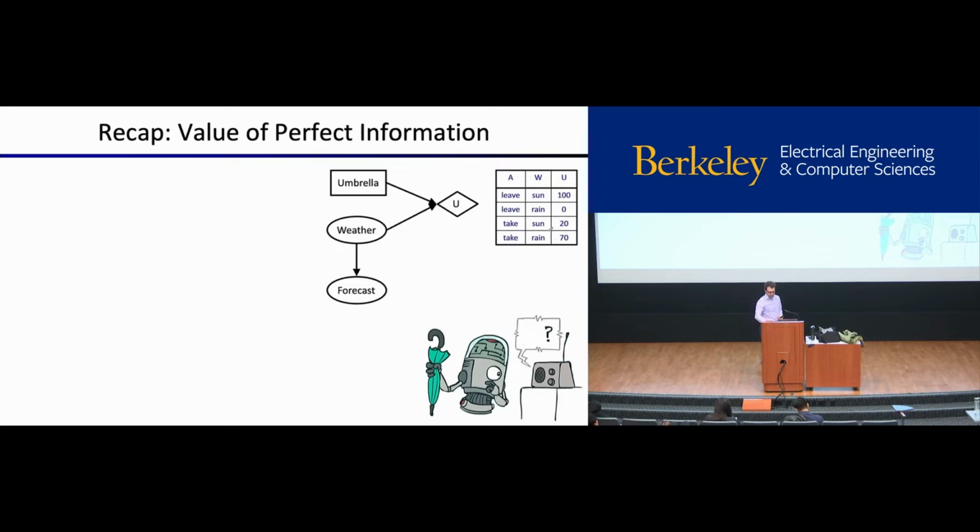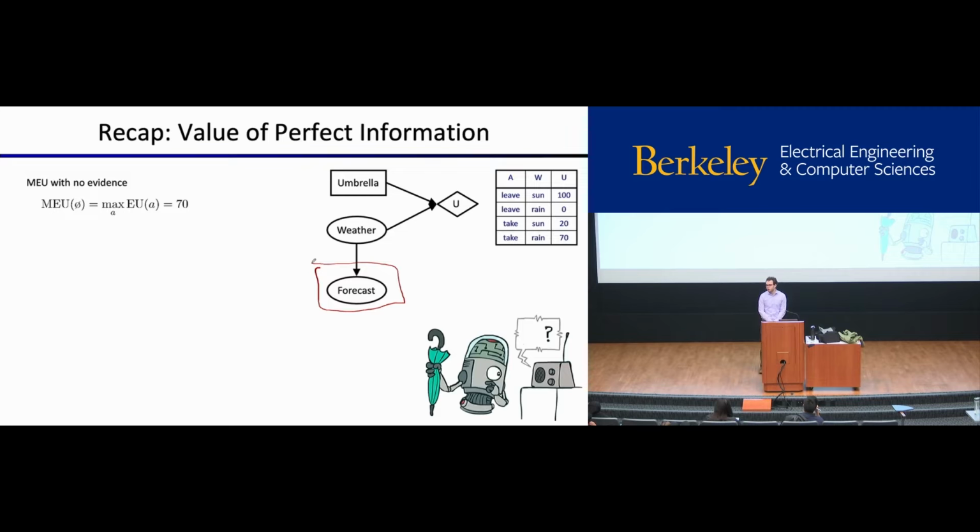So it's like someone has this forecast in a box, and they're saying, would you like me to open this box? They're not telling me what the forecast is going to be. They have no control over what the forecast is going to be. All we can do is decide whether to open the box. Okay? So we can open the box or we cannot open the box, and we want to know what's the value of opening this box.